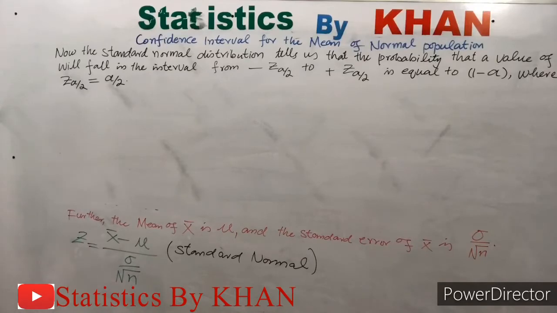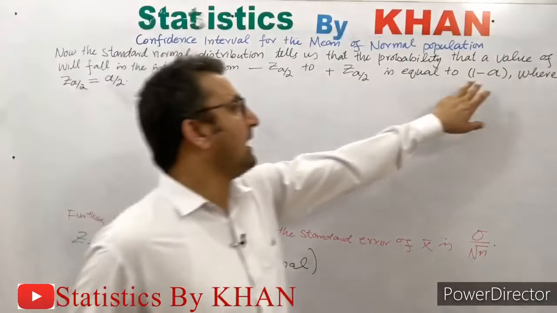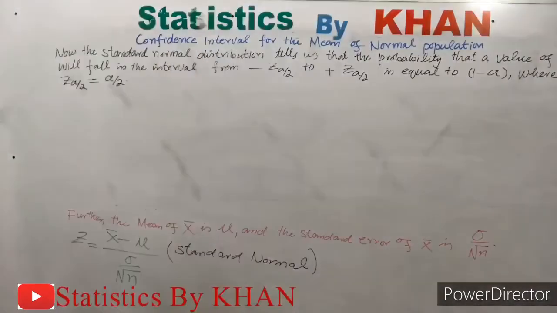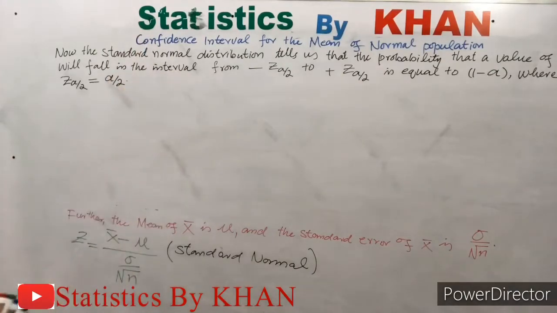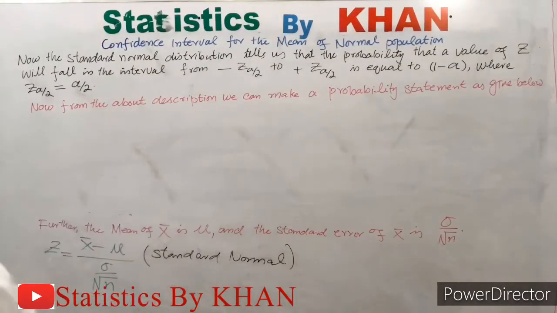That is the reason. Now, the standard normal distribution tells us that the probability that a value of z will fall in the interval from minus z alpha by 2 to plus z alpha by 2 is equal to 1 minus alpha. 1 minus alpha has already been explained in the previous lecture. 1 minus alpha is the confidence level or confidence coefficient. So in the light of this statement, from the above description, we can make a probability statement as given below.